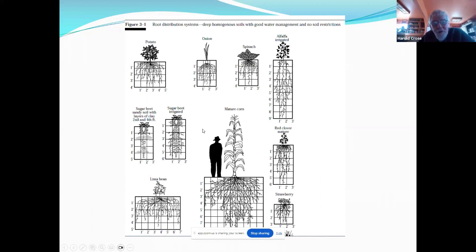I like to use corn in rotations because it'll reach down and grab some of those nutrients that were leached out of the profile. If you're growing potatoes and you come with corn later, you can take advantage of those nutrients that were lost in that potato crop and mine those excess nutrients in the lower part of the profile. So you can use crops to benefit for sure.